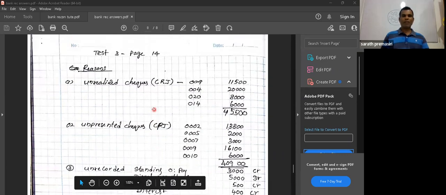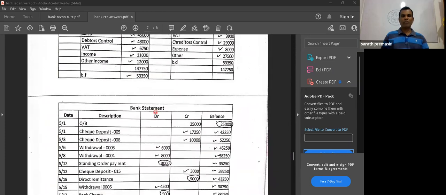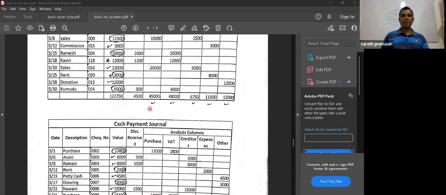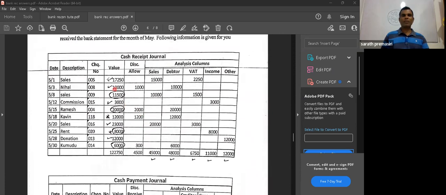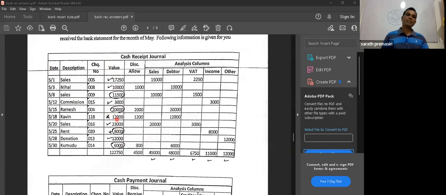Now we have identified the values that contributed to the difference between the cash receipt journal closing balance, the cash control account closing balance and the bank statement closing balance.